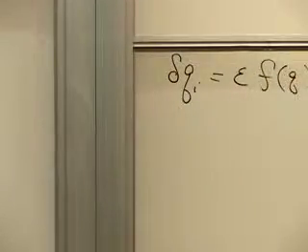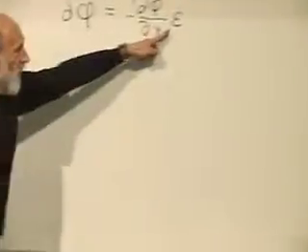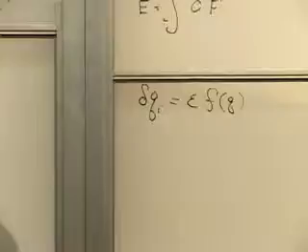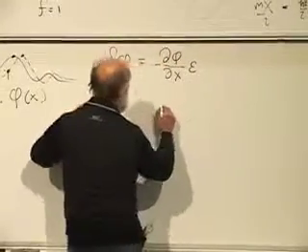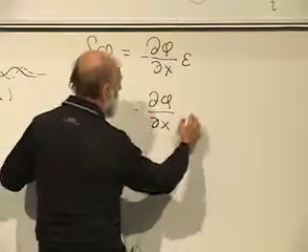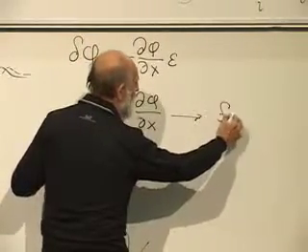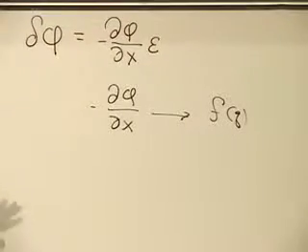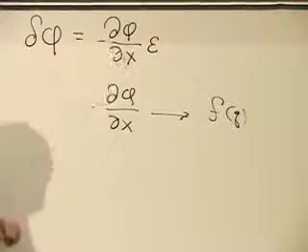In this case, epsilon is just epsilon, but f of q is the partial of phi with respect to x. That's what represents f of q, the small change in phi when I do the operation.